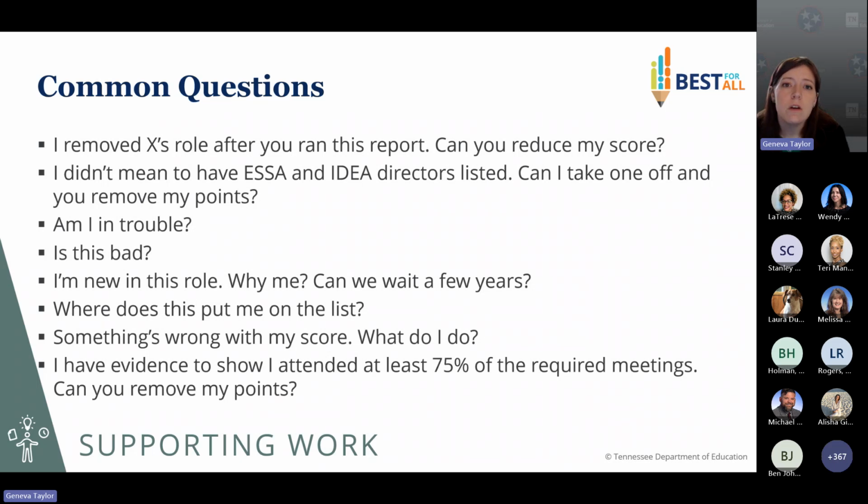It confirms that we are doing the right thing at the right time for our students and for our LEAs. And it also allows us the opportunity to see what other states are doing and receive suggestions or corrective actions if need be for us to improve our processes in the state of Tennessee.